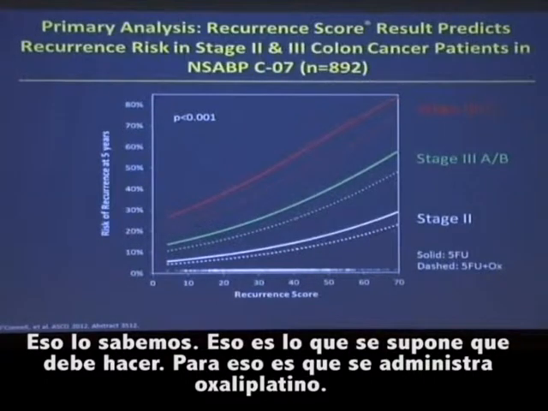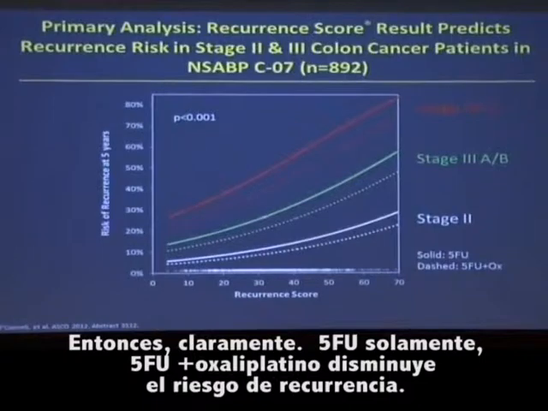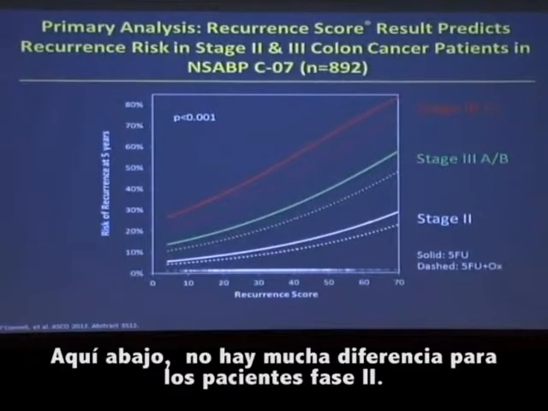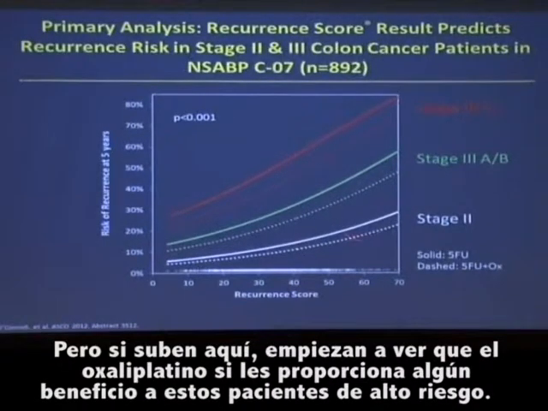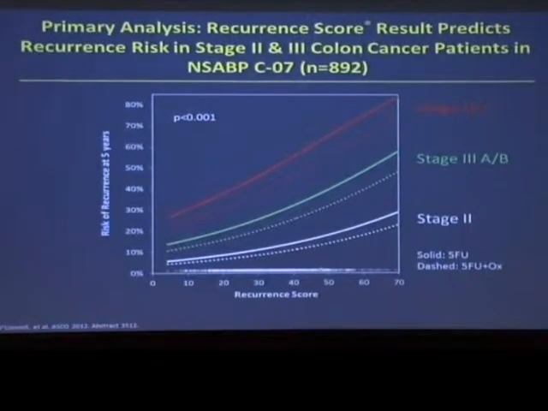That's what it's supposed to do, right? That's why we give oxaliplatin. So clearly, 5-FU alone, 5-FU oxaliplatin lowers your 5-year recurrence risk. Stage 2, no difference really down here, but as you come up here, you start to see oxaliplatin does give some benefit to these patients that are high risk, okay?